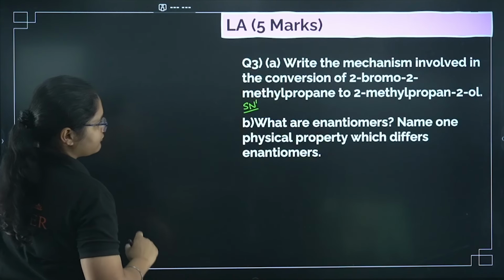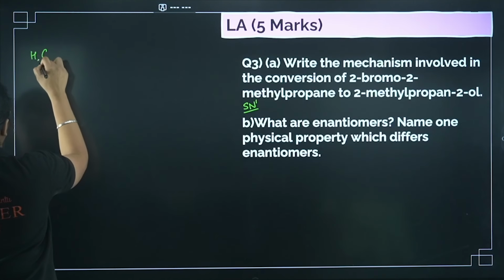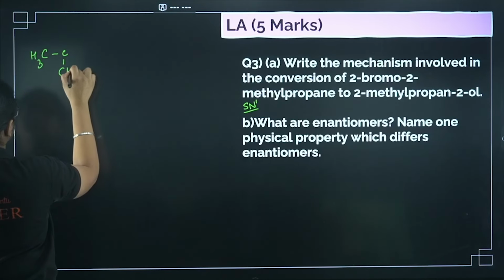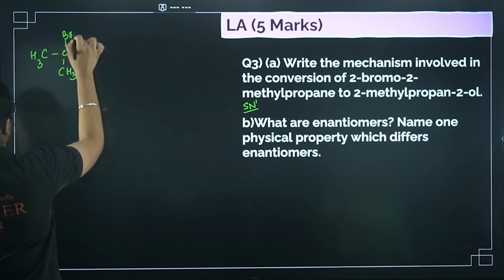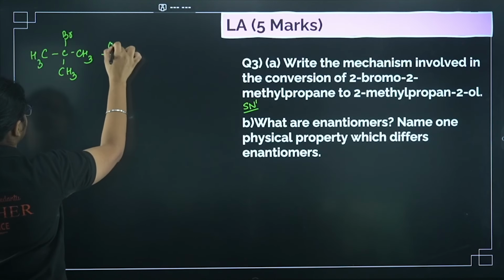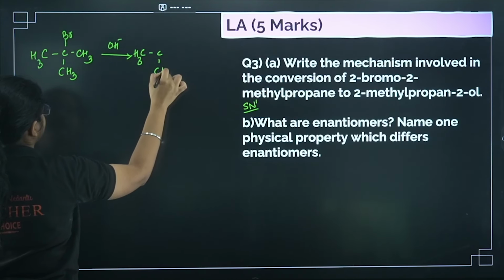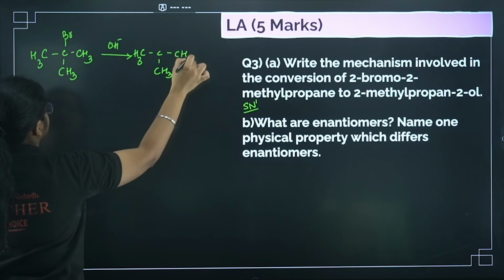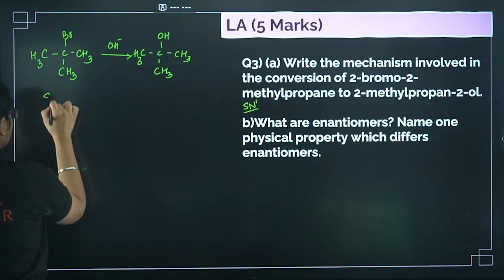The question is asking for 2-bromo-2-methyl propane, right? So I have 2-bromo-2-methyl propane. With OH minus, it will give me (CH3)3COH, right?